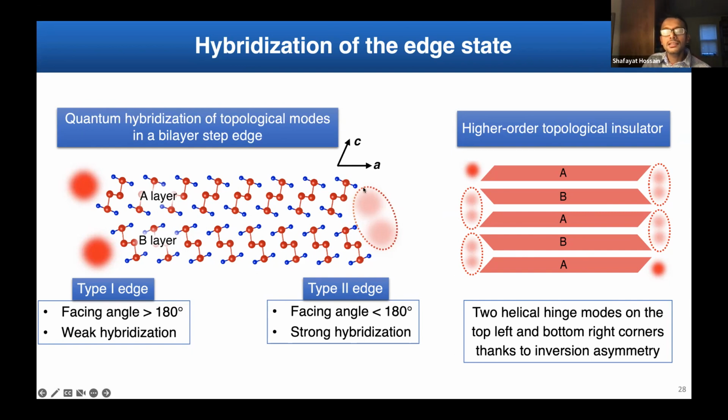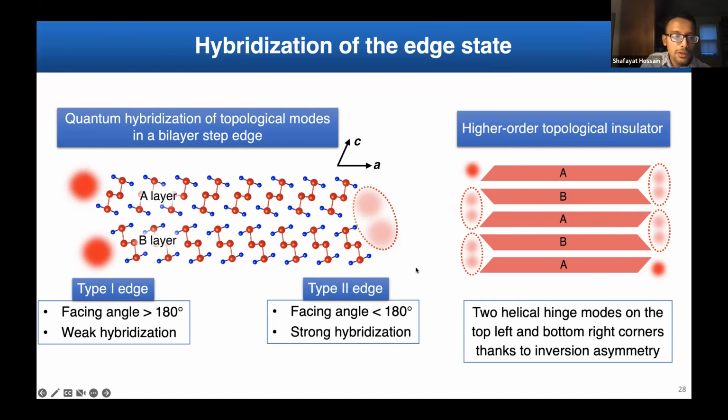So this is a building block of a higher order topological insulator phase in this bismuth bromide compound. So eventually, for example, here, after all the hybridizations, there are two helical hinge modes in the top left and the bottom right corner. And all of this happens because of this inversion asymmetry in the AB layer.